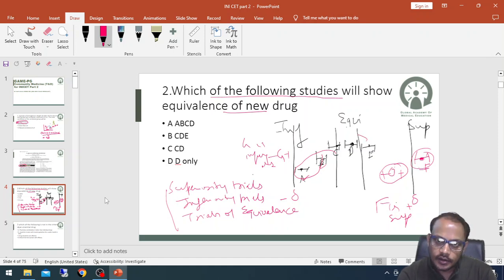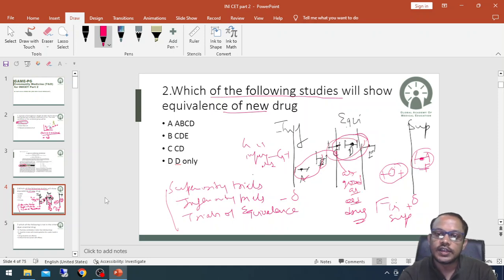But for any drug lying here, for example, here C and D are lying, a part of C is in the zone of inconclusiveness, but a part is in the equivalent. So, we can say that this C sometimes shows equivalence. So, it is as good as the old drug, okay.